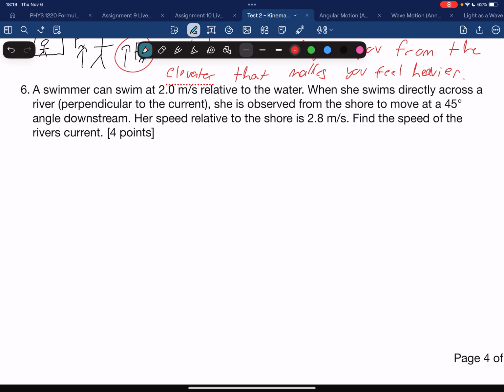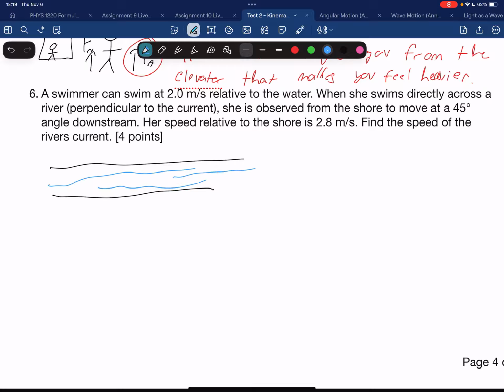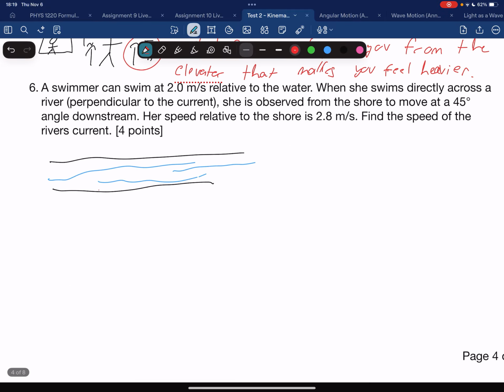Question 6. A swimmer can swim at 2 meters per second relative to the water when she swims directly across a river perpendicular to the current. So I'm going to say the swimmer swims directly across like this at 2 meters per second.